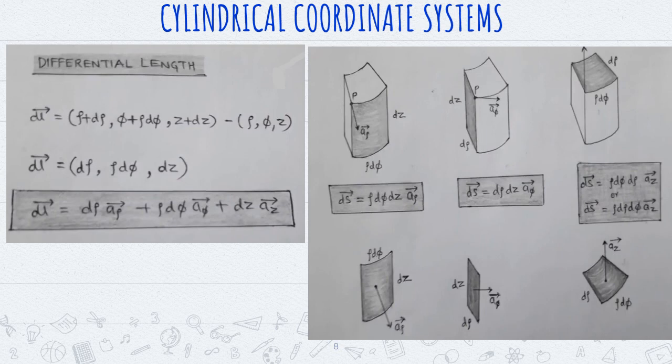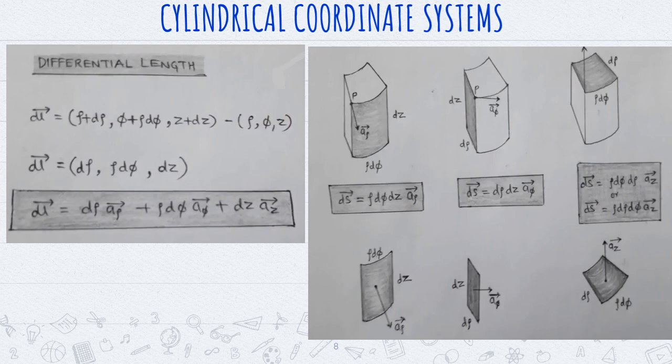Therefore, the differential surface formula is given by rho into d phi and dz into a rho vector. Now the second diagram at the bottom is along the a phi direction. The a phi direction is perpendicular to two sides, that is dz and d rho. Therefore the differential surface formula is d rho dz into a phi vector.